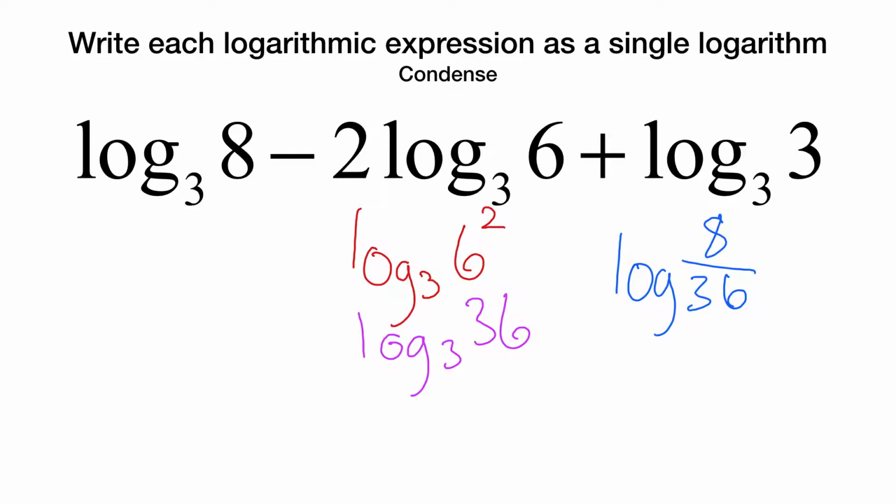So it ends up becoming 8 times 3 over 36, or the log of 24 over 36, or our final answer, which is log base 3 of 2/3. I have to remember to keep writing my base.